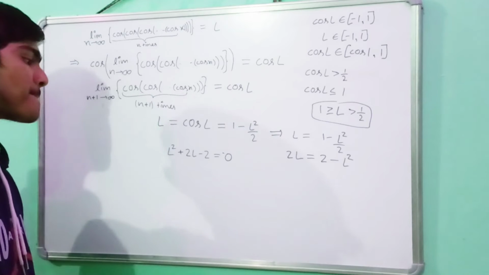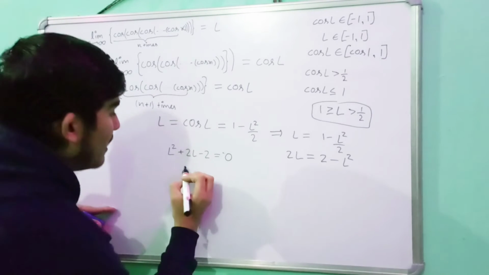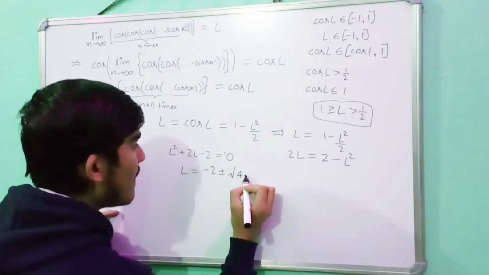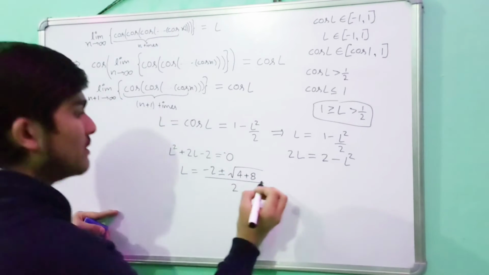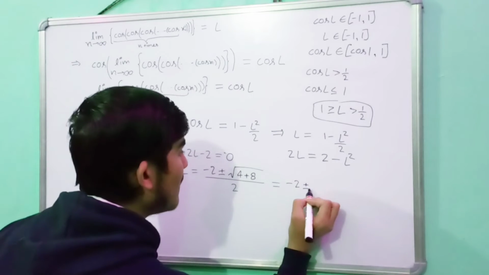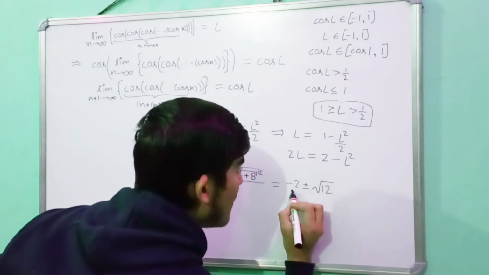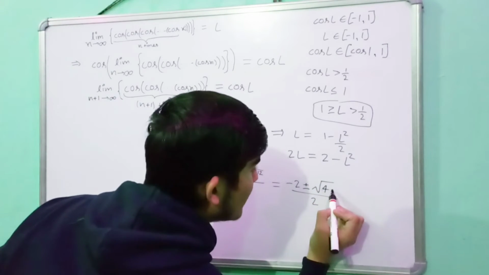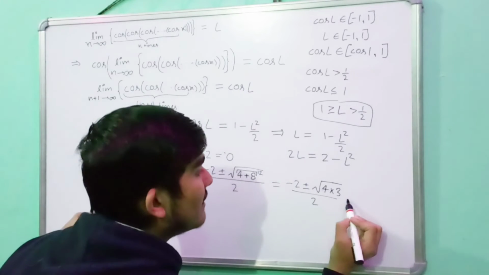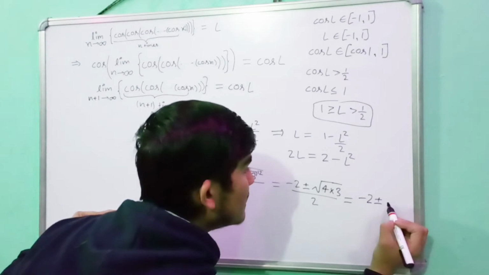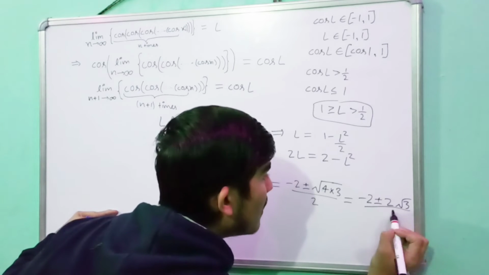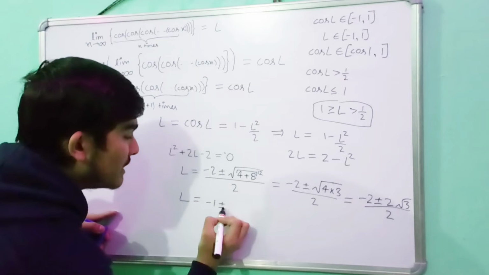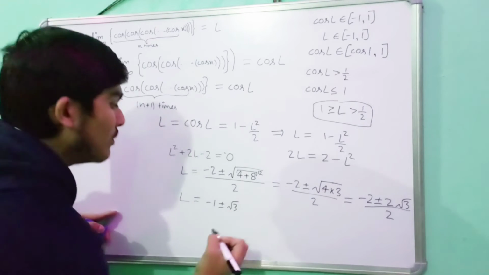After using the quadratic formula, L equals minus 2 plus minus root 4 plus 8 over 2, which is minus 2 plus minus root 12 over 2. We can write 12 as 4 times 3, so it is minus 2 plus minus 2 root 3 upon 2, and L will be minus 1 plus minus root 3.